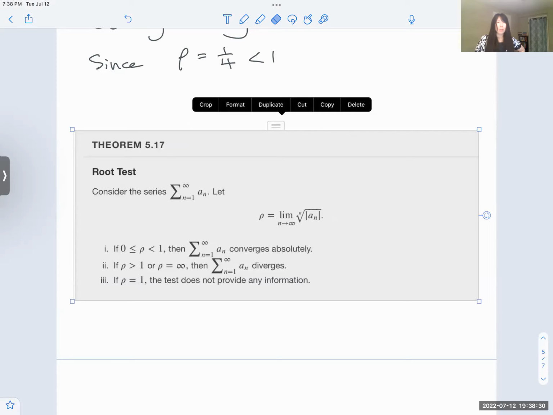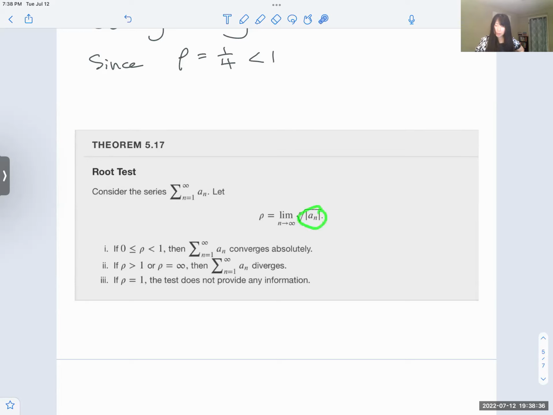We have a series and we take the absolute value inside, then we take the limit. We say that this is rho. Then the series converges absolutely if rho is between 0 and 1, including 0. If it is greater than 1 or goes to positive infinity, then it diverges.